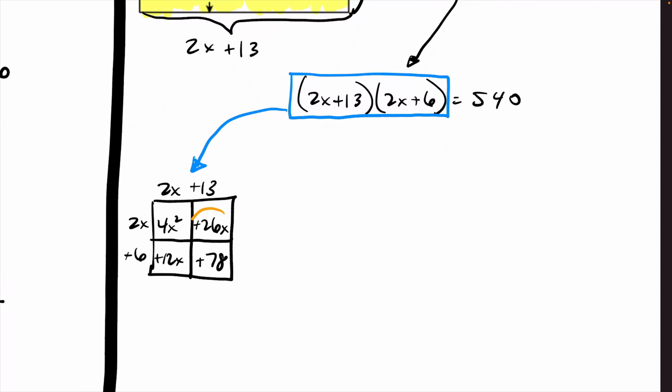Combine like terms. 4x squared plus 38x plus 78. We can move that back.